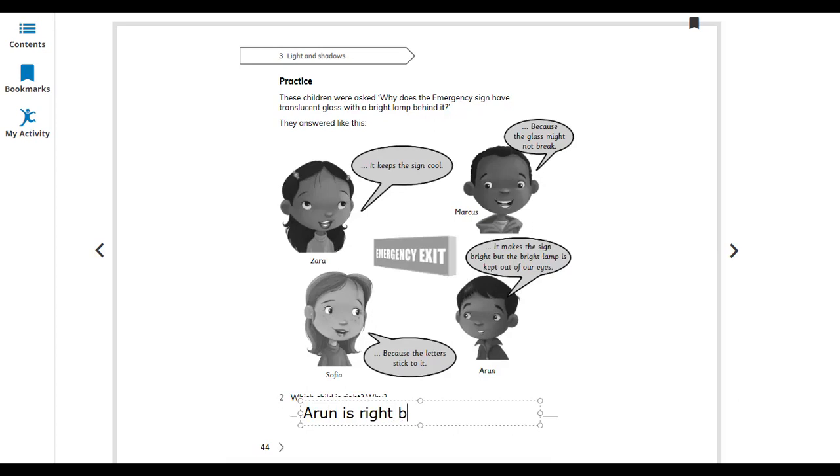Arun is right because translucent glass reduces glare.